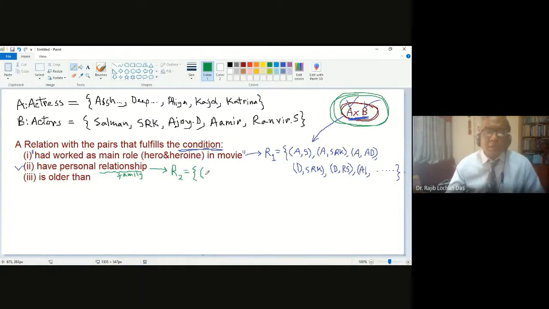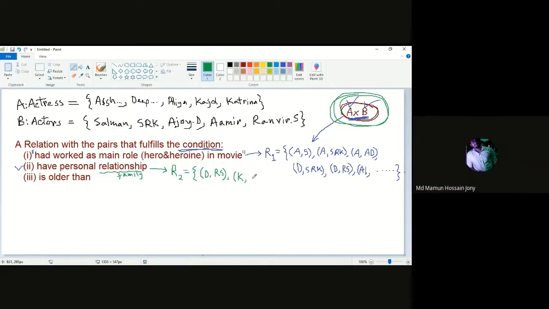Now think about Deepika. Does Deepika have any relationship with somebody here? Yes, Ranbir Singh, personally related. Anyone else? Is Deepika a sister of Salman, or of Aamir Khan? No, not like that. So think about Alia. Is Alia connected with somebody? No. Again, Kajol is connected with somebody, a family relation.